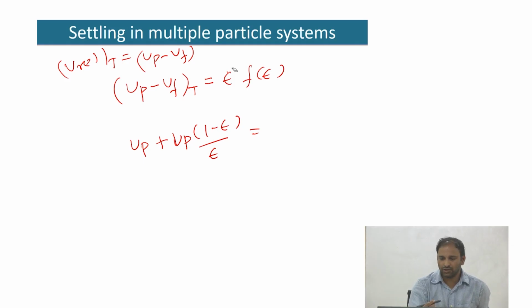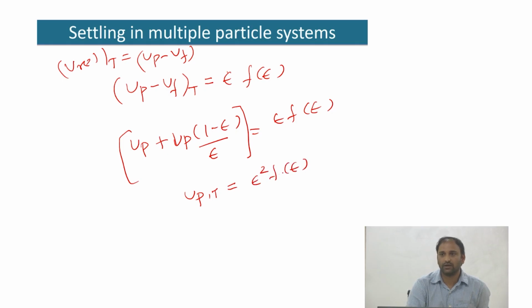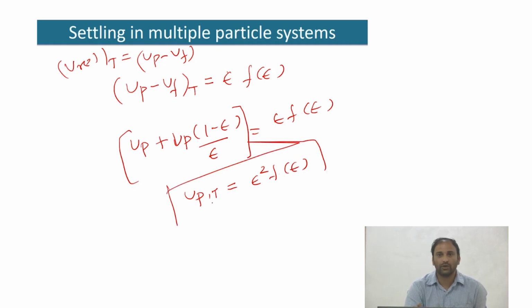That should be equal to epsilon into f of epsilon. If I simplify this, I basically get UP terminal is going to be equal to epsilon square into f of epsilon. I can take UP out, so epsilon gets cancelled. 1 over epsilon is what you have here. Basically, that's what I end up with.